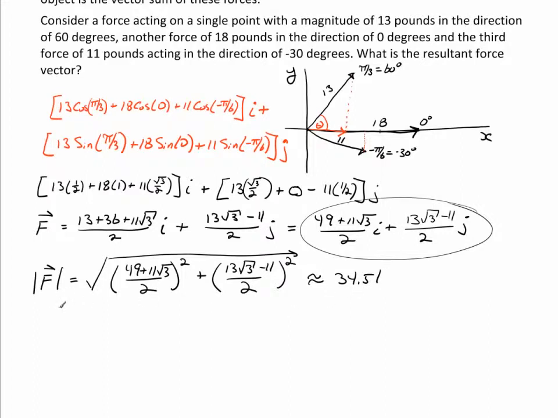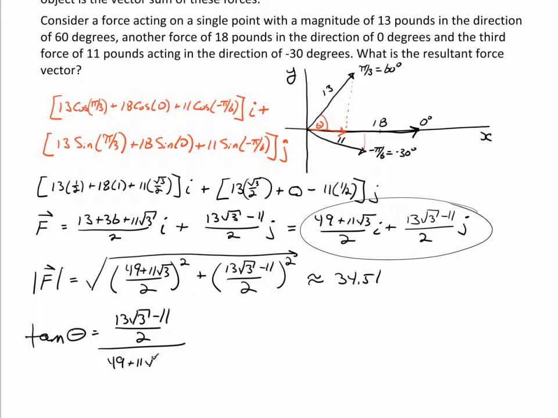Now I need to figure out what the angle is going to be. Well, tangent of theta is going to be the y component over the x component. So this is 13 root 3 minus 11 over 2, that's the y component, over the x component, which is 49 plus 11 root 3 over 2.